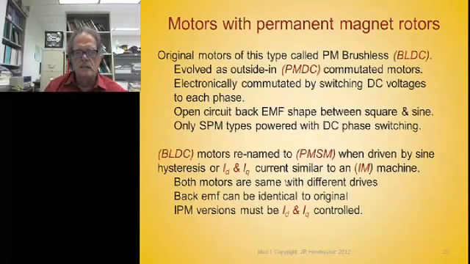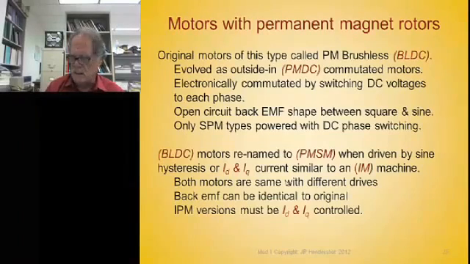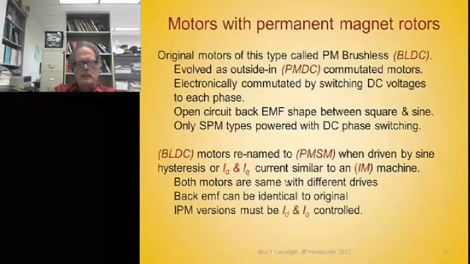What are the motor types that we're going to study here? The original motors. These aren't the motor types we're going to study. These are the motors that evolved through the past 75, 150 years. The original motors were called PM brush type motors, and they had the magnets on the stator and the windings on the rotor, and they were mechanically commutated with brushes and commutators.